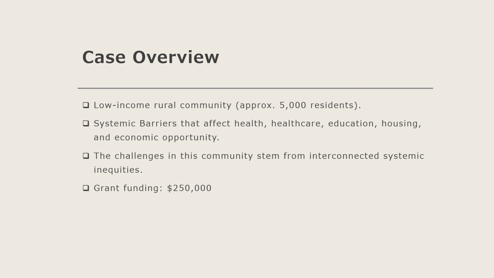The systemic barriers that affect healthcare, education, housing, and economic opportunity are very important to be looked at and assessed in this case. The challenges in this community stem from interconnected systemic inequities, and they were able to receive a grant funding of $2,500,000.